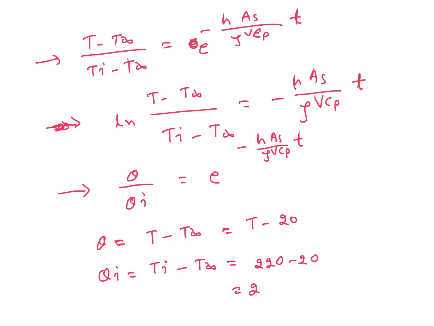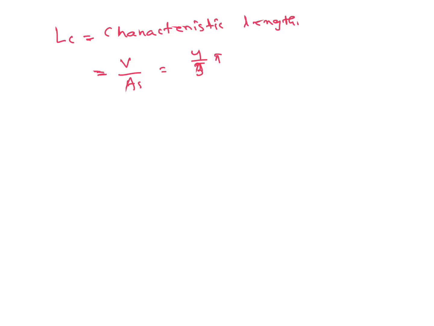So we can also write the characteristic length Lc as V by A, volume by surface area. For a spherical shape, that is 4 by 3 pi r cube divided by 4 pi r square, so r by 3. The r value is 30 mm by 3, divided by 10 to the power 3; the unit is meter, so 10 by 10 to the power 3 meter.